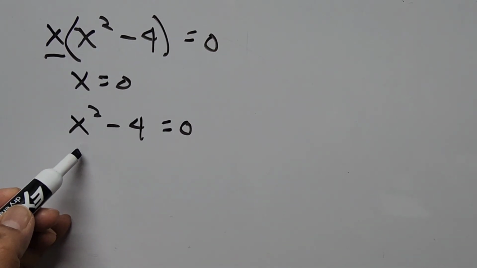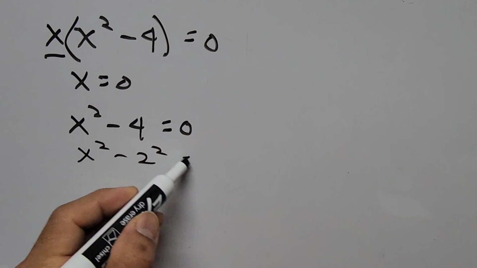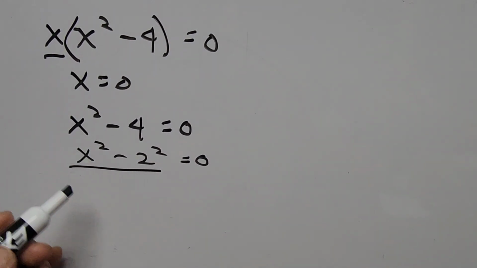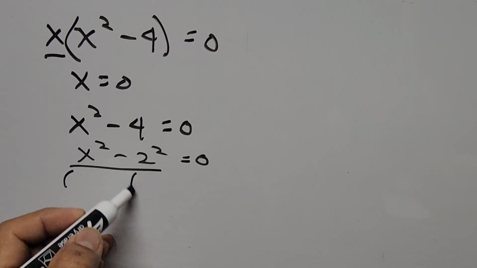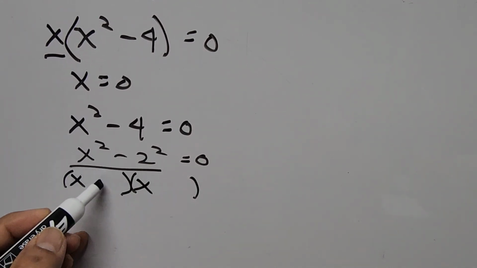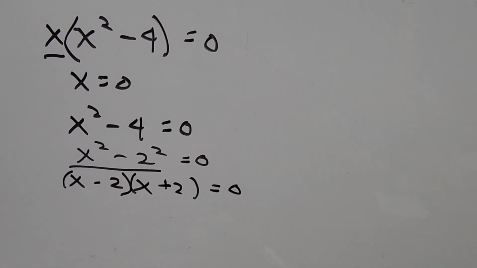So this is x squared, and 4 can be written as 2 squared, right? So here we can split the left hand side into factors, the difference of squares, so that is x minus 2 times x plus 2, and the right hand side is 0.